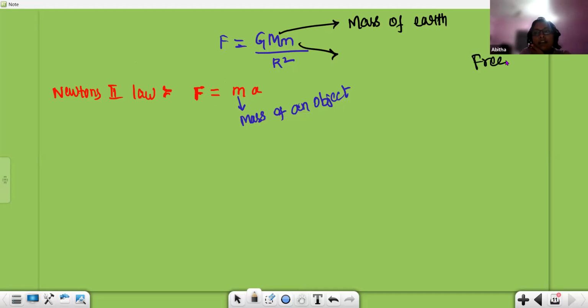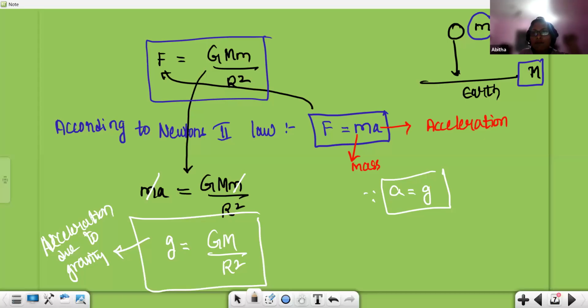Here we are discussing the free fall motion. In the free fall, we consider two objects. One is any object, another one is Earth. So Earth is considered as the bigger object here, whose mass is capital M. And the free falling object is considered as small m, because we are deriving acceleration due to gravity here. I drew a diagram here. Can you see the diagram? We consider a free fall body.